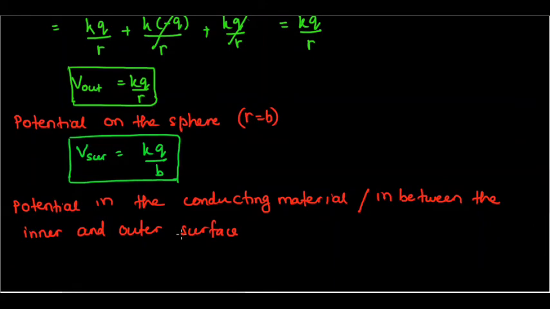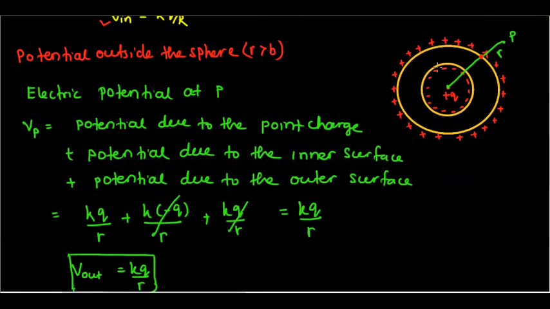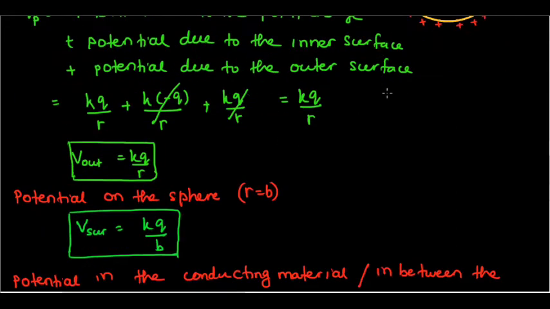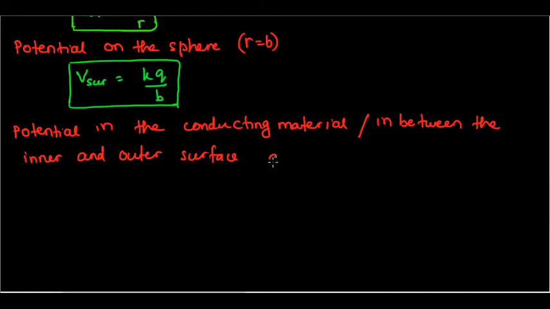So if the point P lies somewhere here, and the distance of the point from the center is r, then this r will be less than or equal to b, and more than or equal to a. So I can write that a is less than or equal to r is less than or equal to b.